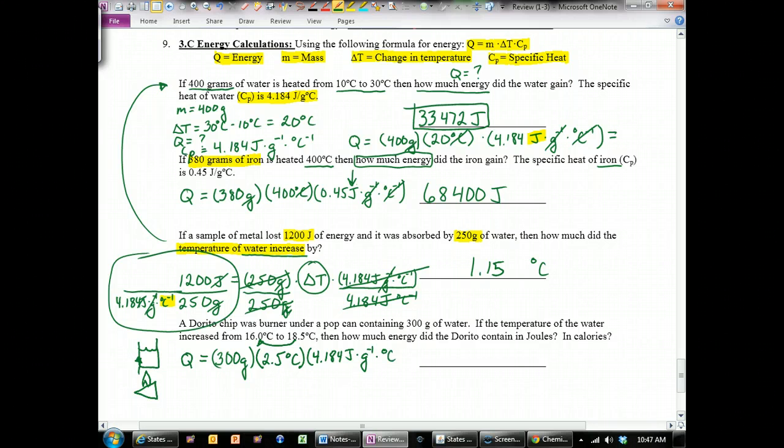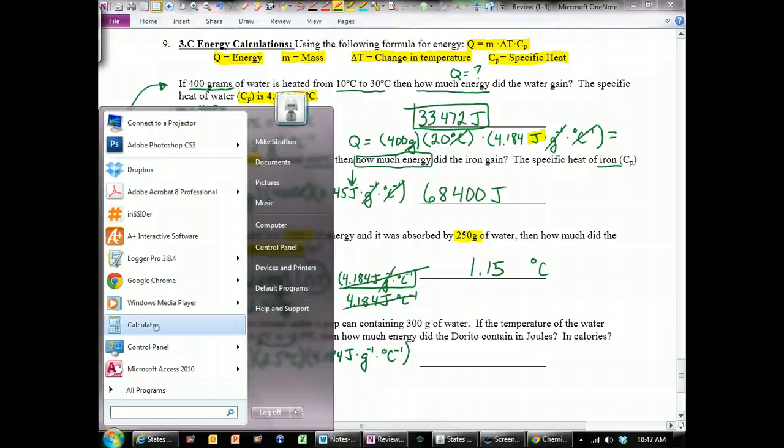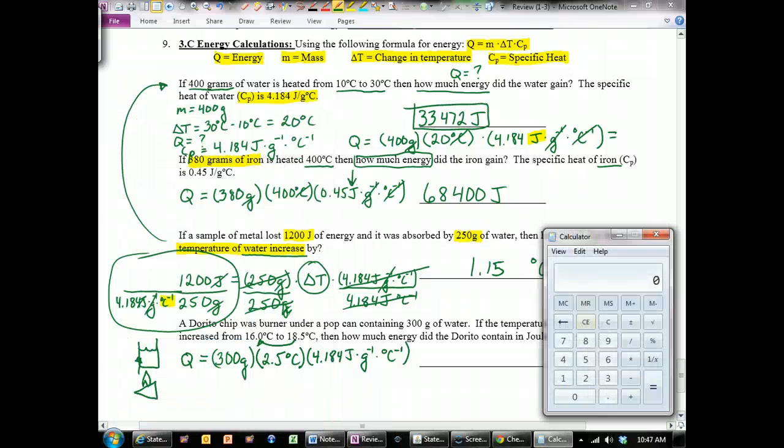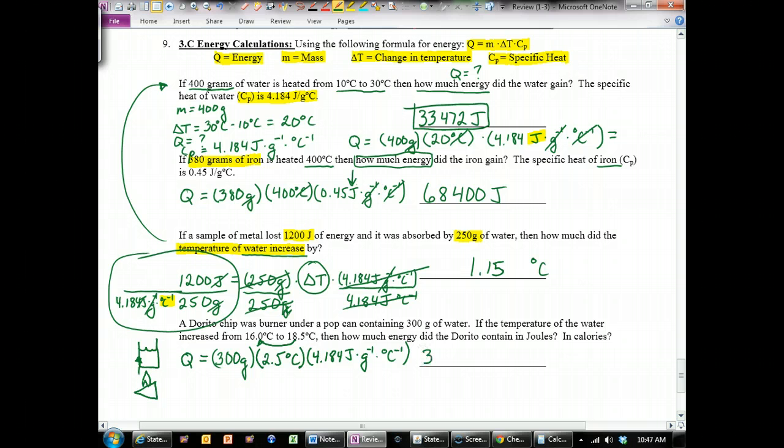So if we do the math, we take 300 times 2.5 times 4.184, and we get that there was 3,138 joules released into the water, which is how many joules the Dorito chip had.